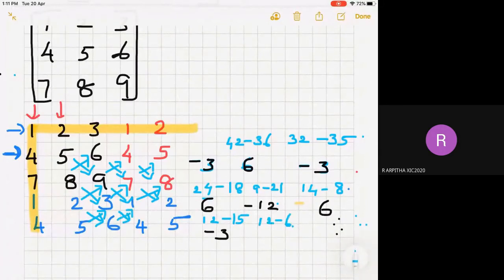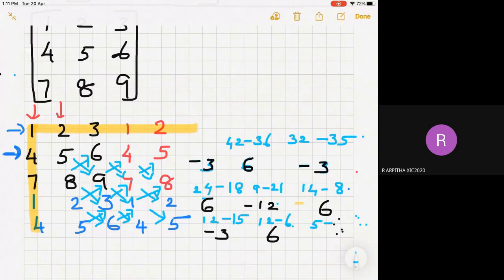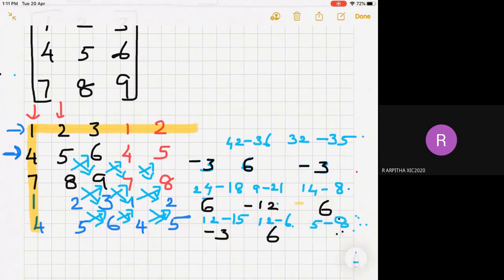So I'm getting the answer as 6. Next, 1 into 5, 5 minus 8. I'm getting the answer minus 3.